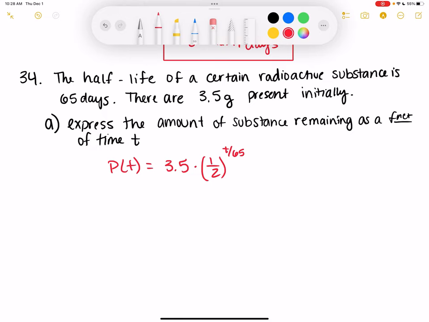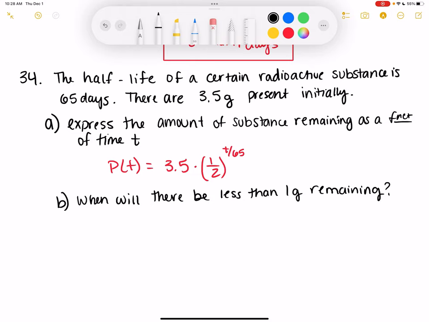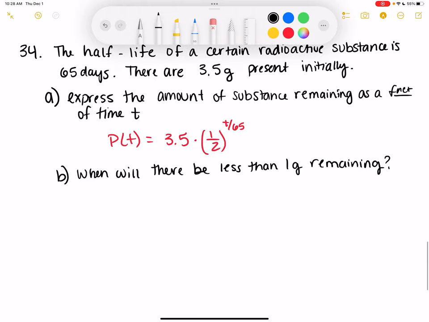So that's set up. Part B says, when will there be less than 1 gram remaining? If you want to avoid swapping sides, you can write this and then set it equal to whatever. It'll make it nicer. So 3.5 times 1/2 raised to the t over 65 is equal to 1.